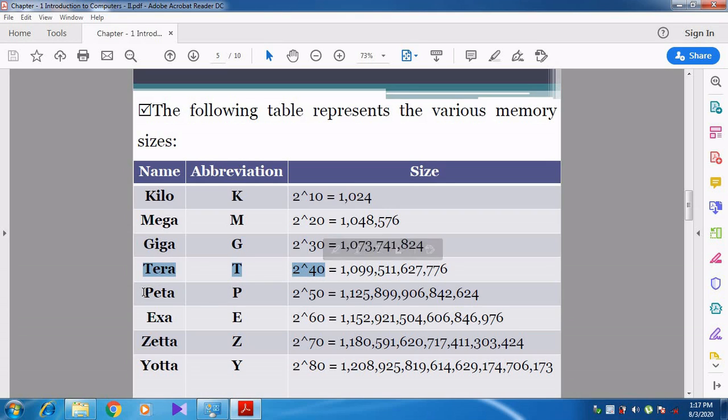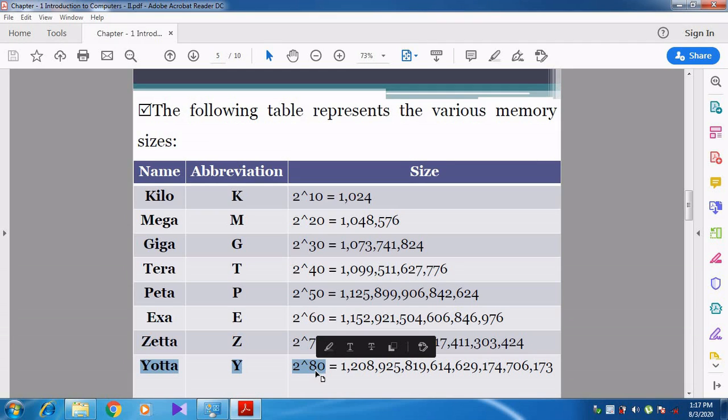Peta, P, is 2 to the power of 50. Exa is 2 to the power of 60. Zeta, Z, is 2 to the power of 70. Iota is 2 to the power of 80. After that we have two more, 2 to the power of 90 and 2 to the power of 100.